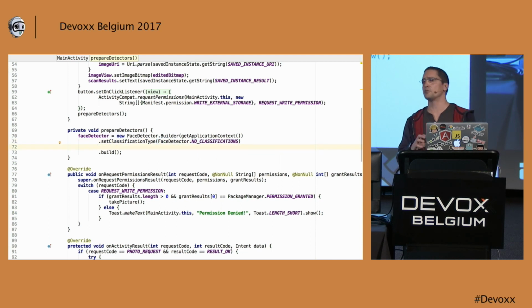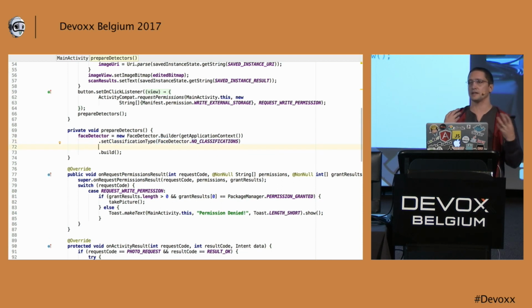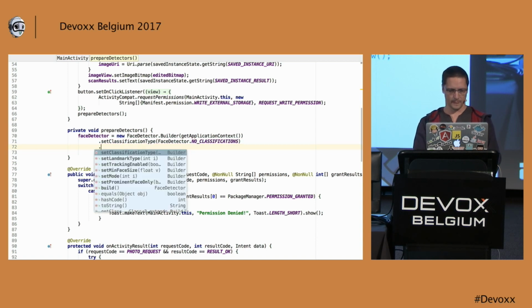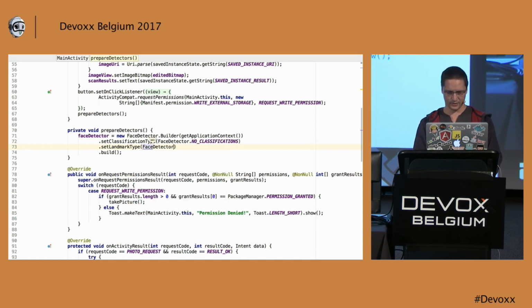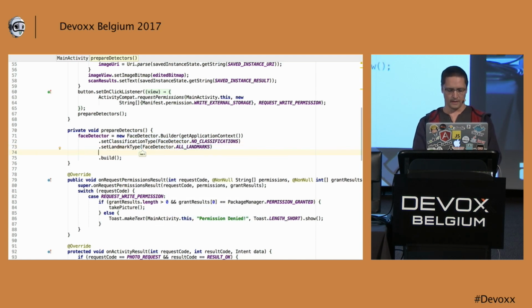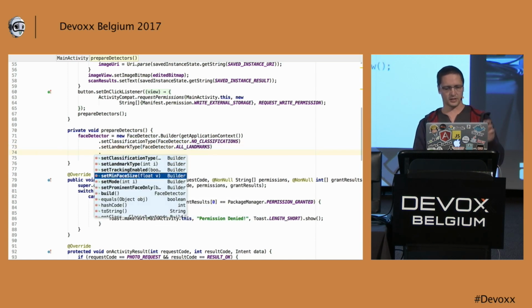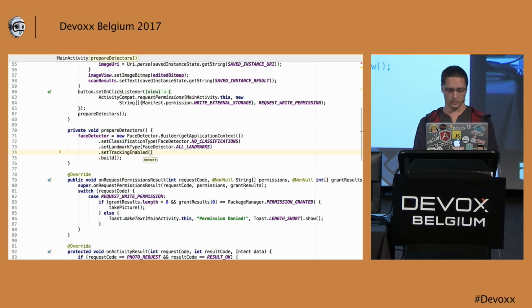What I will need is some landmarks. I want to know where the eyes and the nose are. So I will add setLandmarkType, FaceDetector.ALL_LANDMARKS. I will also disable the tracking because we are working with a static picture.